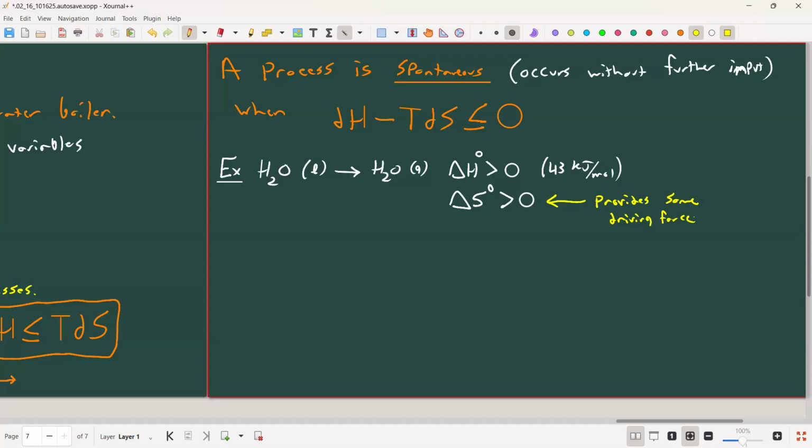All right, but the problem is that delta H is greater than 0, which means it's endothermic, meaning for this process to occur, you have to input some heat. So we have an energy cost for this process. It's endothermic. Heat has to come in.